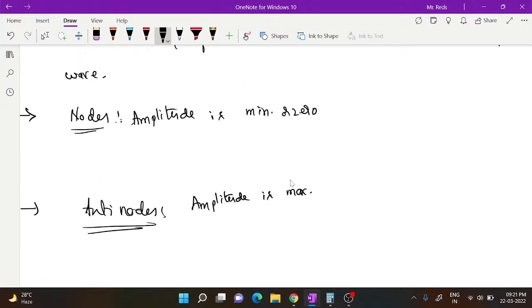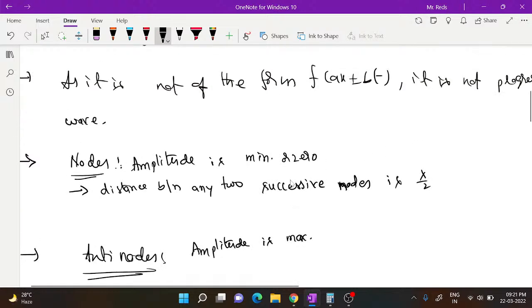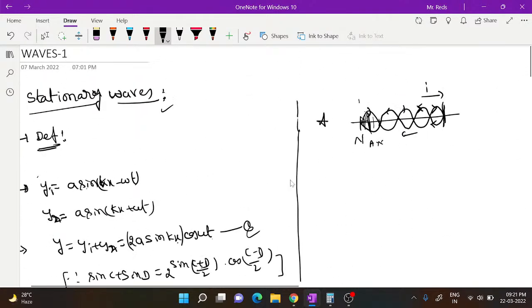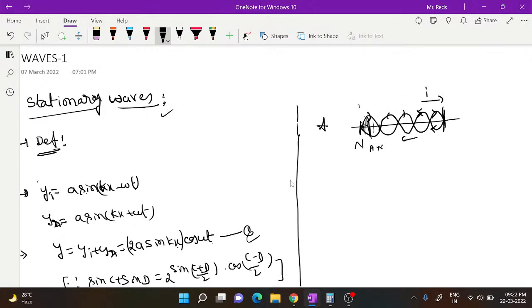The distance between any two successive nodes is lambda by 2. That means if you observe in this figure, this is a node, and again this is a node.